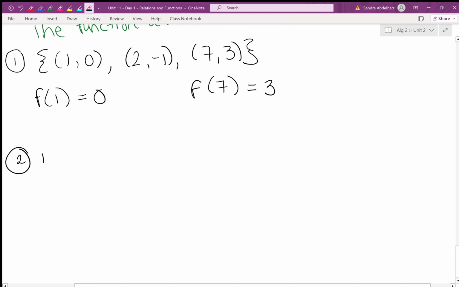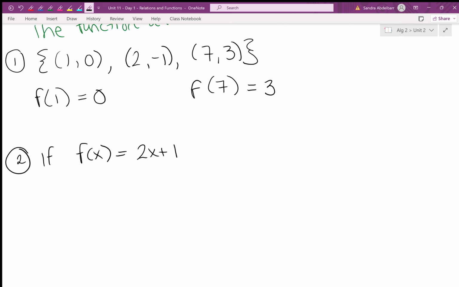Now I'm going to say if f of x is equal to 2x plus 1. We all know f of x is interchangeable with y, right? Do we all realize this is the same as saying y equals 2x plus 1? I want us first to find f of 1.